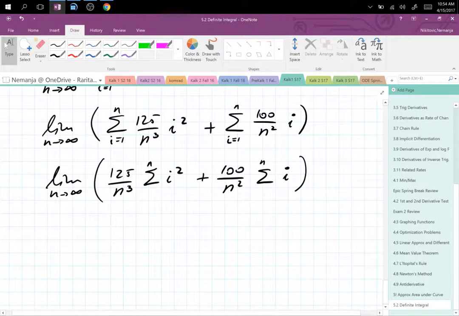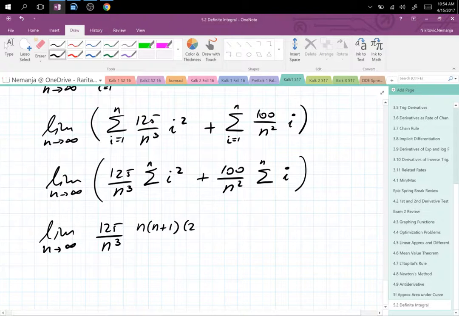And this is where we use those formulas which I wrote earlier. So now, limit as n goes to infinity, I have 125 over n cubed, and instead of summation of i squared, I have the good old n times n plus 1 times 2n plus 1 over 6. Let me color code.